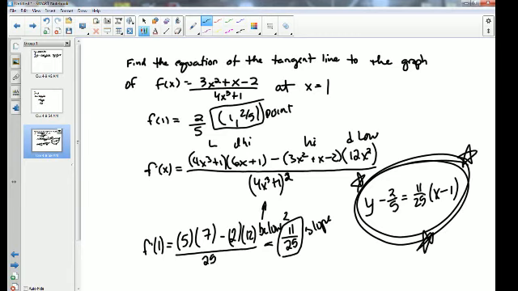You plug in 1, the 1 goes in. Are you good? Are we okay with that?